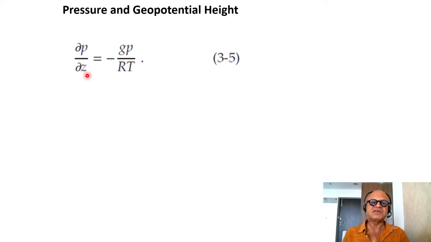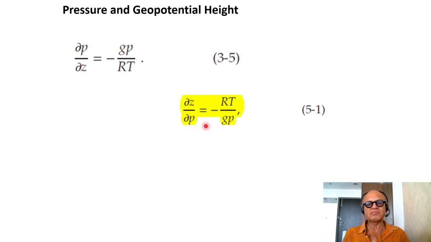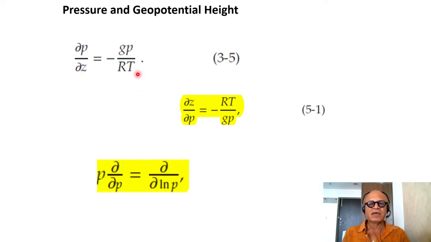So dp/dz is minus rho g from our hydrostatic balance. For the atmosphere, we can write it as minus g p over RT, because of the ideal gas law, p equals rho RT, so we just replace that. Then we can invert this and write dz/dp equal to minus RT over g p, and then we can write that as p times partial of partial ln p.